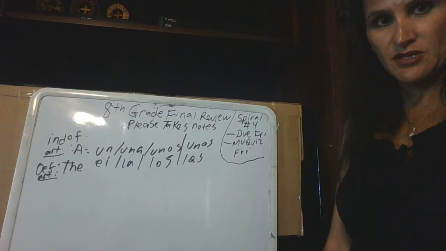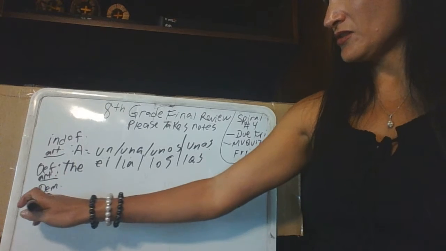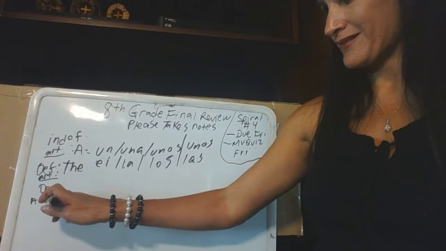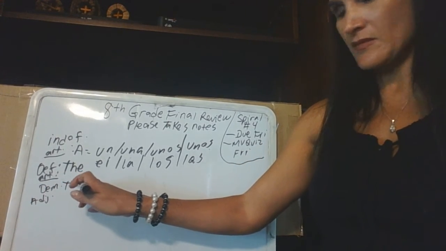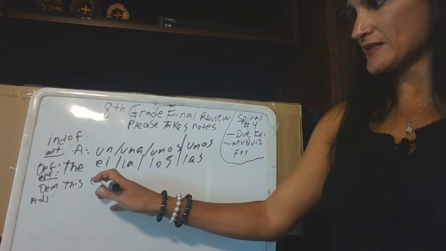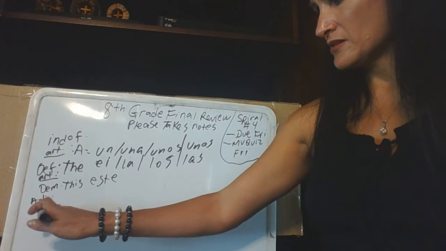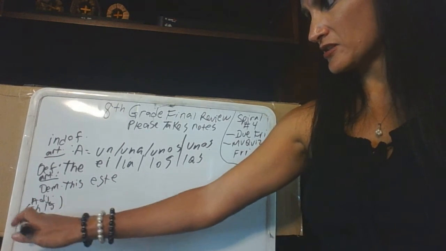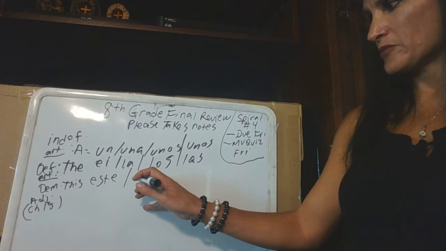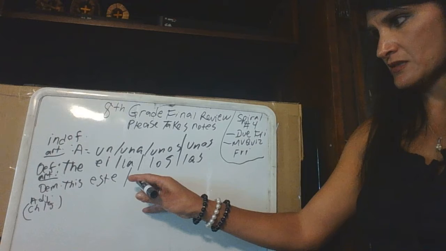Then we have the demonstrative adjective that we learned, which is the word this, which is going to be este. We just learned that in chapter 15, so I'm going to put that right here. You can go over that again in case you had a hard time with it. Remember that the plural of este is going to be estos, not estes.